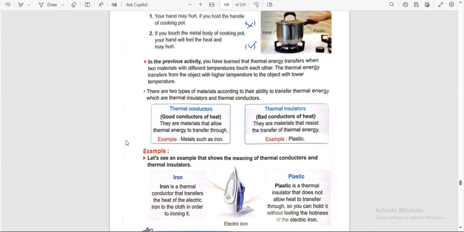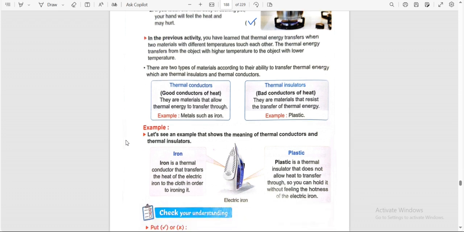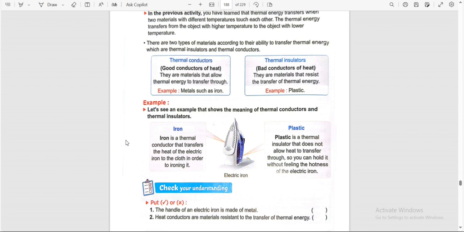So, good conductors such as most metals, they are materials that allow thermal energy to transfer through them, such as iron. But bad conductors or thermal insulators, they are materials that resist the transfer of thermal energy.